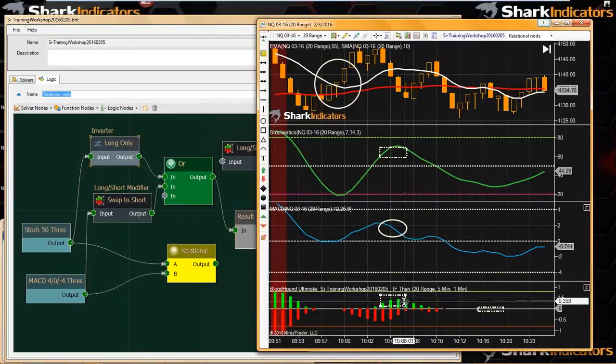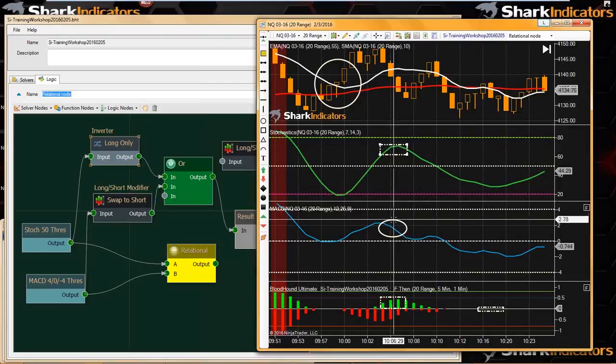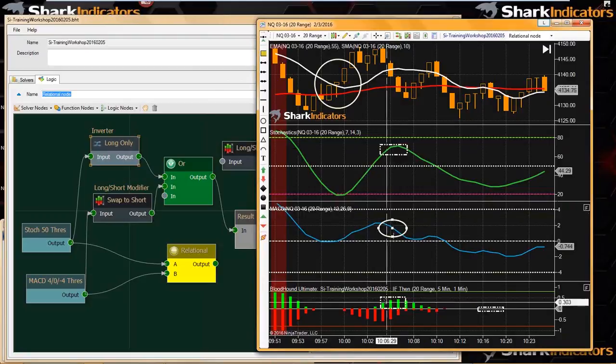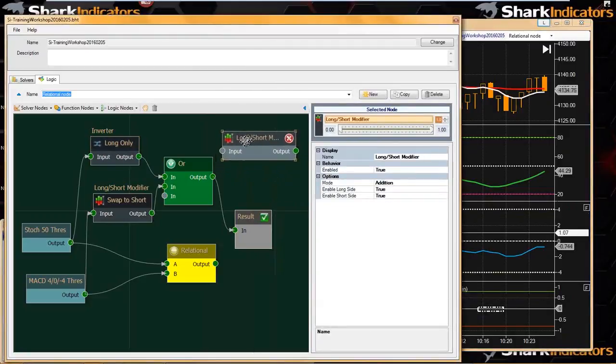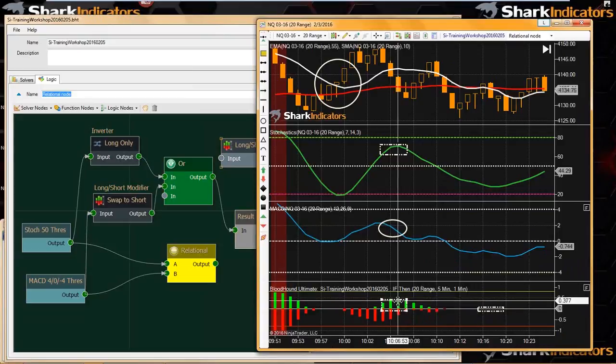So if we look at the output of the OR node, we now have a long output coming from the stochastic and a short output coming from the MACD. And so now the long short modifier here, using its addition mode, will now add the long and short side together.